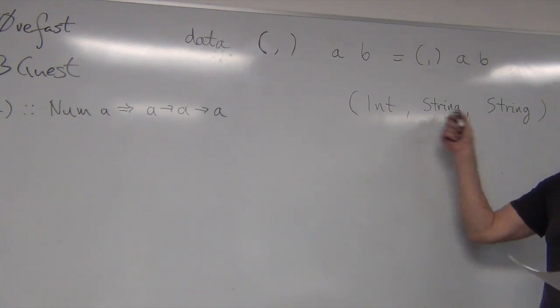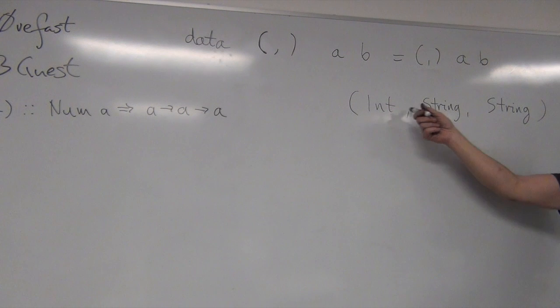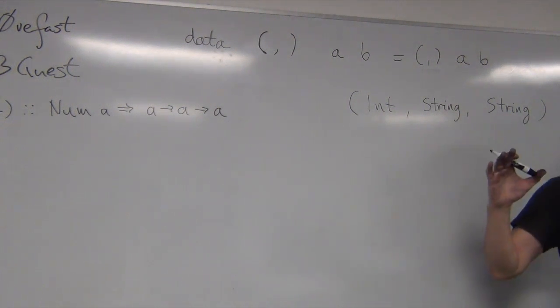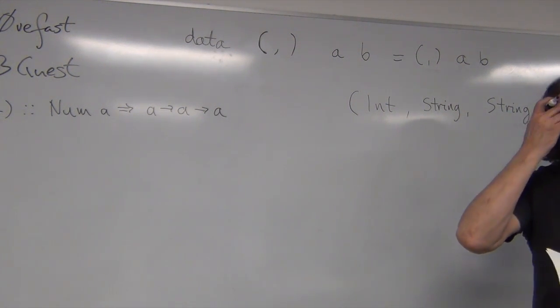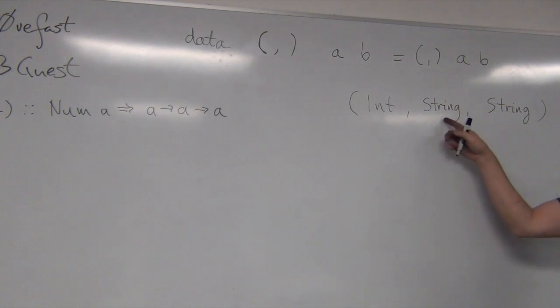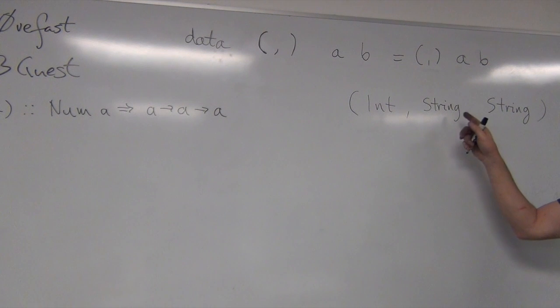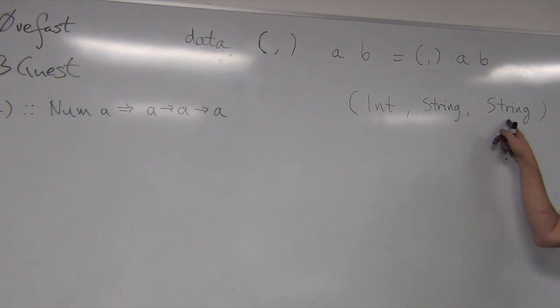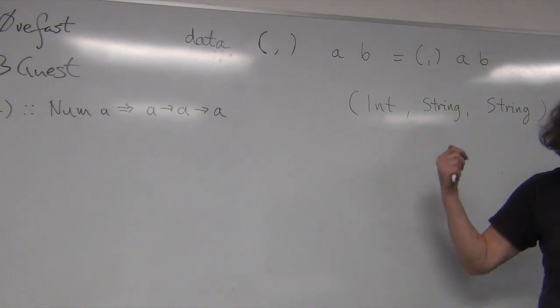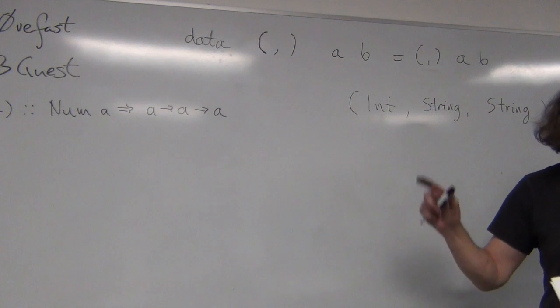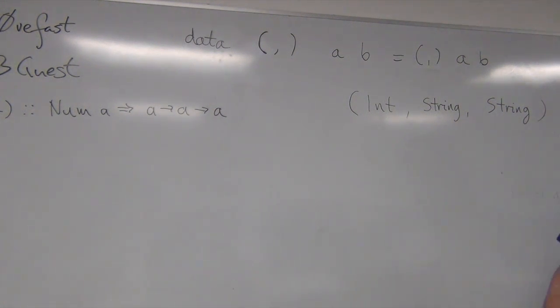Let's suppose you have a function that takes an integer, string, and string triple. And then you have to ask yourself, what is this one? Maybe this is username and this is password. But the type is the same, so the compiler would not complain if I exchange them.